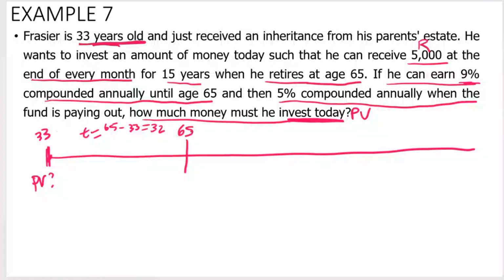And then you are told, after this, after 65, his investment starts paying. It starts paying 5,000. It's paying 5,000 until he retires. When is he retiring?